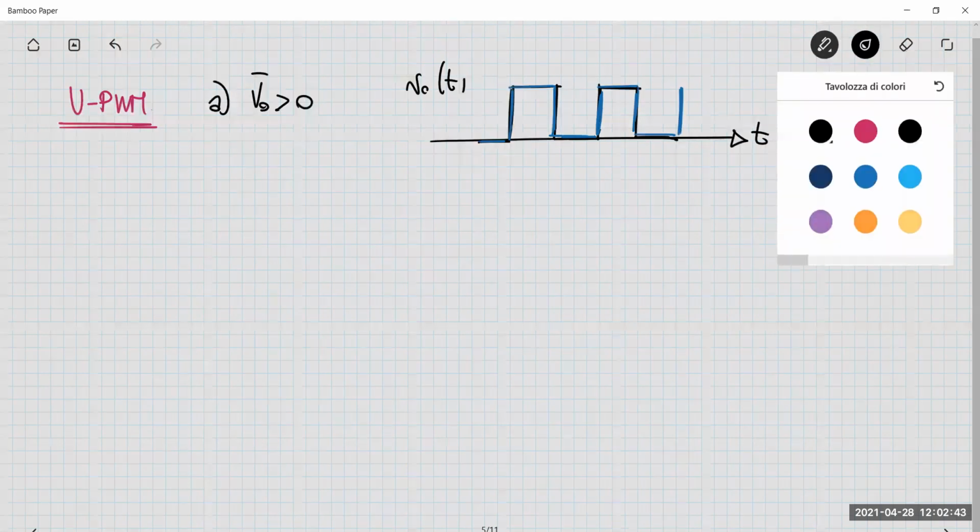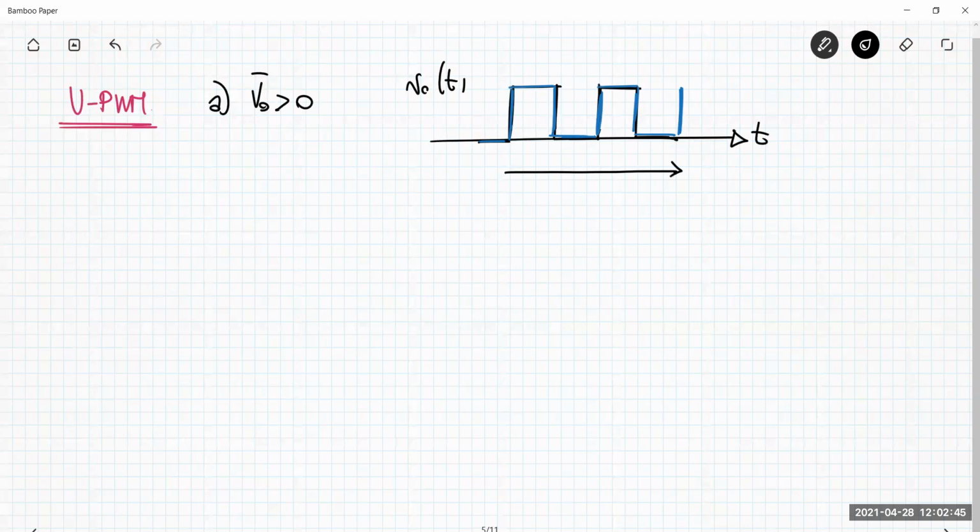This interval here is Ts, because the frequency of this waveform is twice the switching frequency.